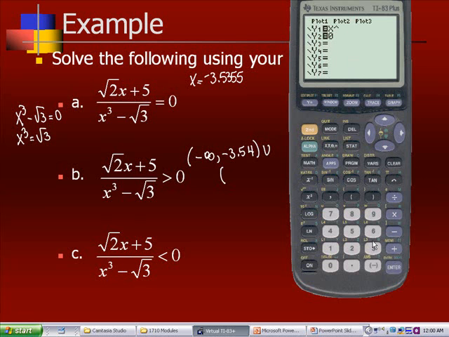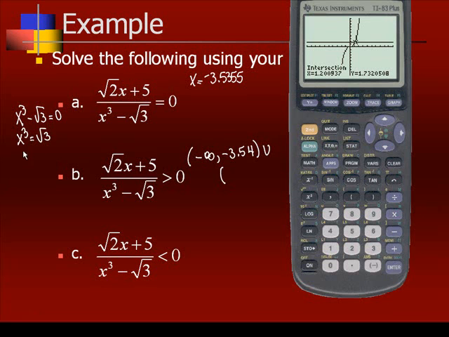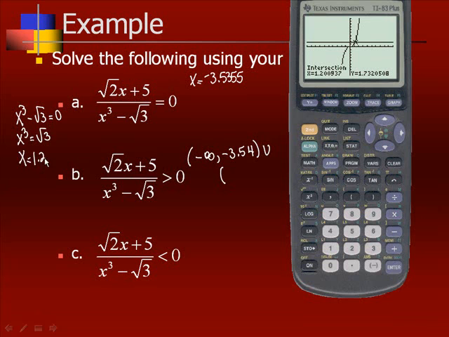X to the third power, and then the second part would be the square root of 3. And let's find where those intersect. Second, calculate number 5. Enter. It probably wouldn't be a bad idea to do this first, so we didn't have to stop our graph, which says that x is equal to 1.2.